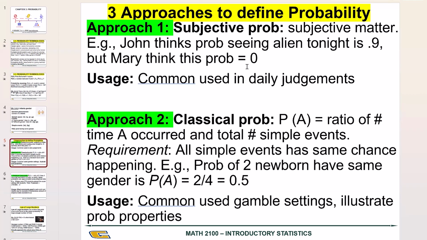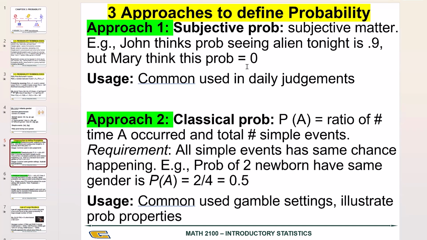And the requirement to make this approach work is that we require all simple events to have the same chance of happening. The usage here is often very common in gambling, testing, or illustrating properties. So for example, like coin, die, right? It all makes sense where you have a fair coin, fair die.